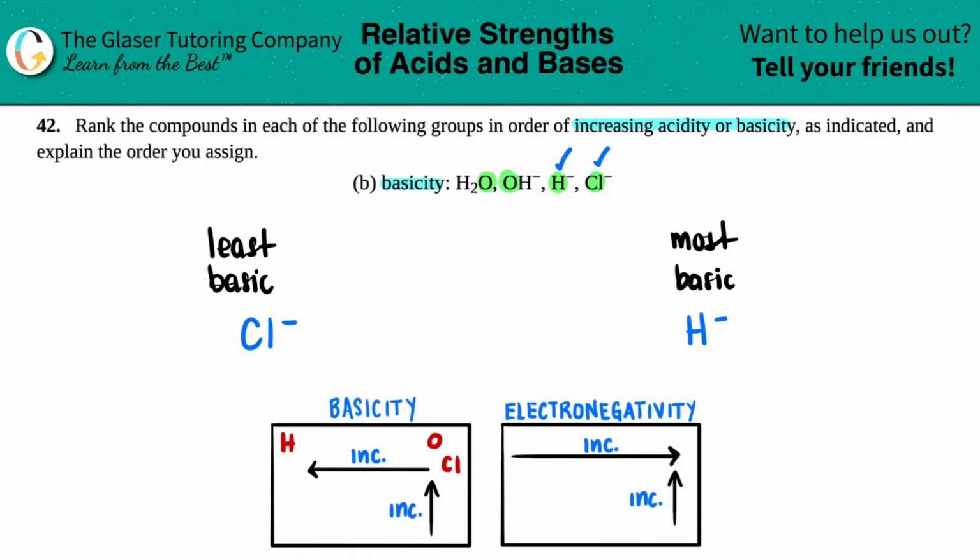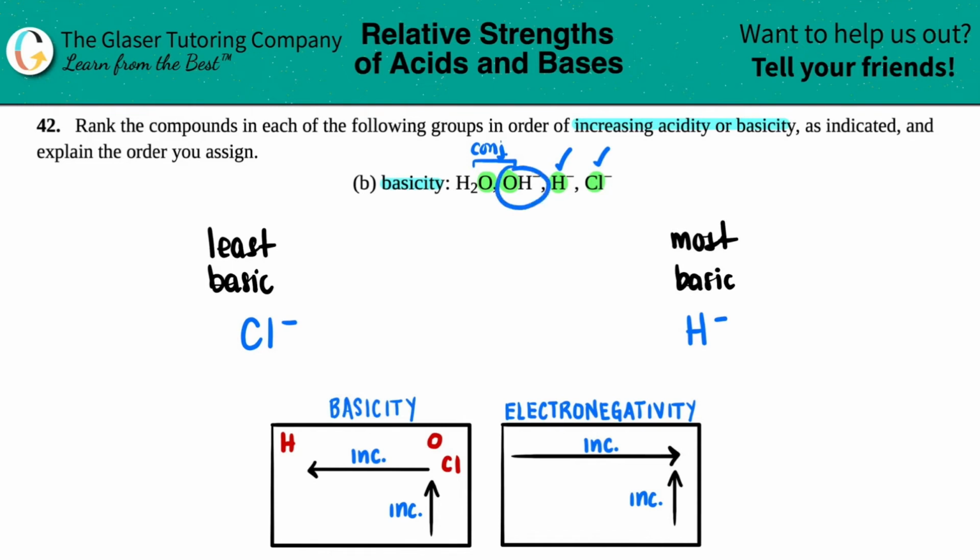Now, remember, acids always have one more hydrogen than their conjugate bases. The only difference between H2O and OH minus is one hydrogen. H2O would be the acid, and OH minus would be its conjugate base. These are conjugates of each other. So maybe I'll just put conjugate, or conj for short.